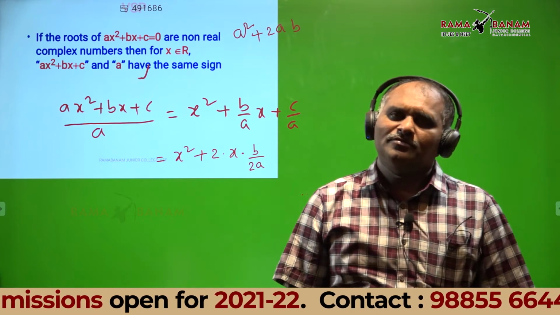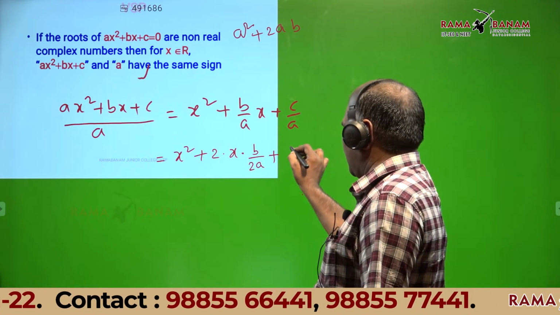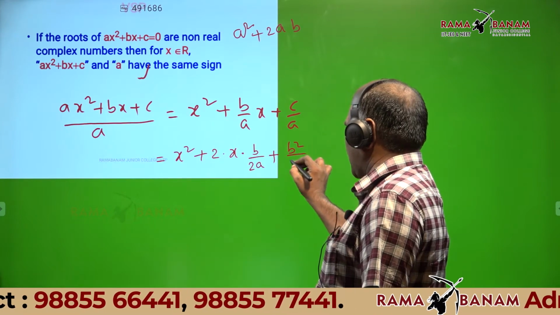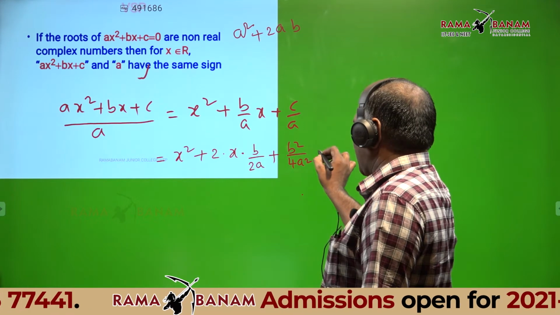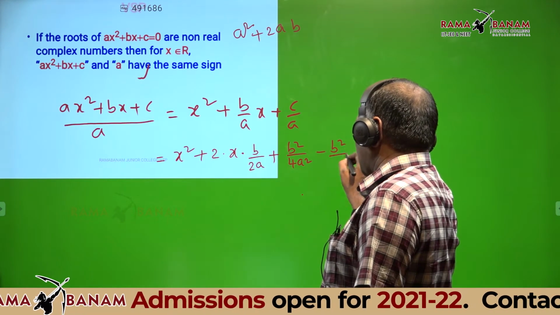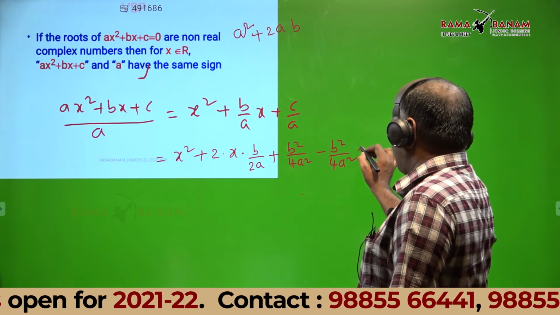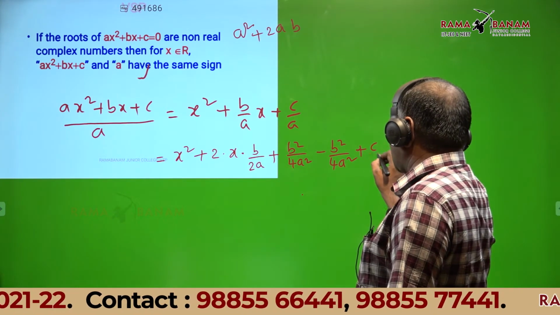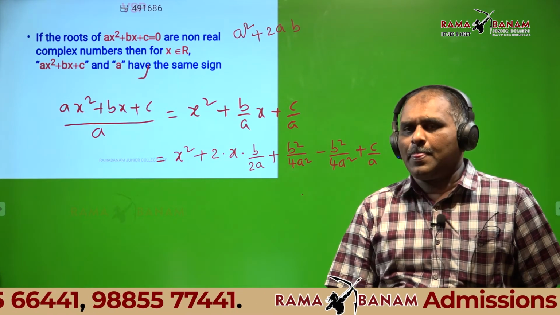Therefore, adding b square by 4a square, and if we add, we also subtract: minus b square by 4a square, plus the last term, c by a. Any doubt in this step?